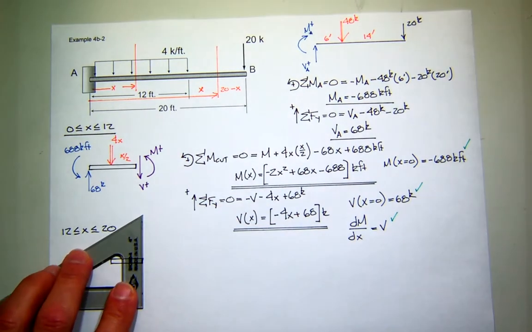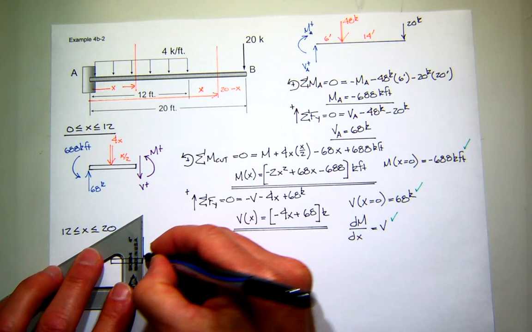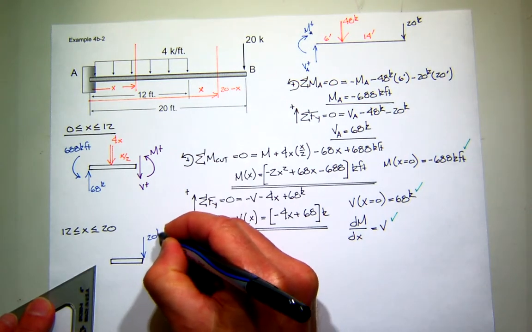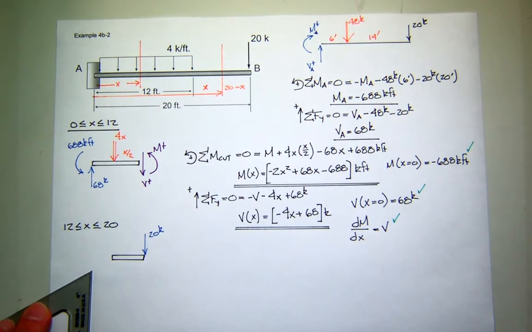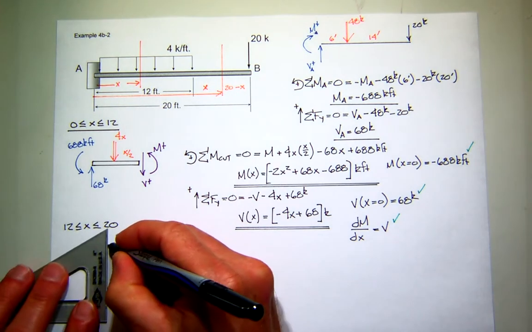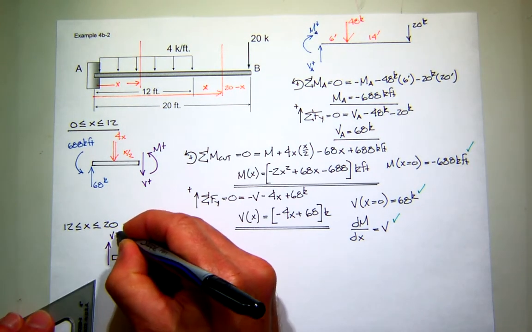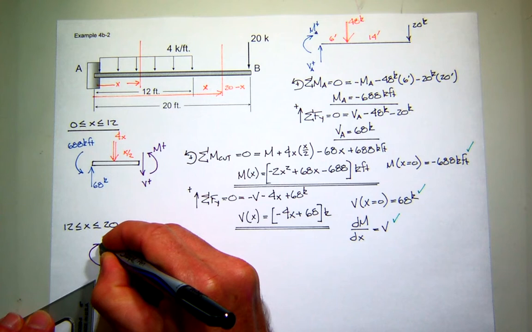I'm going to place my 20 kip load on the free end. Now, on the cut surface, I'm going to assume positive shear and positive bending moment.